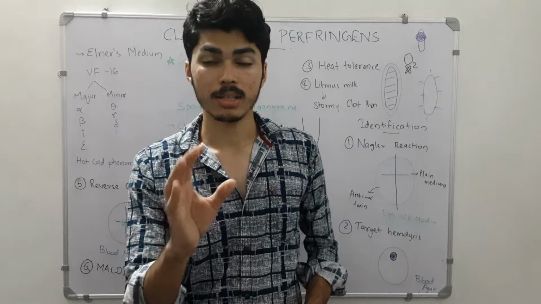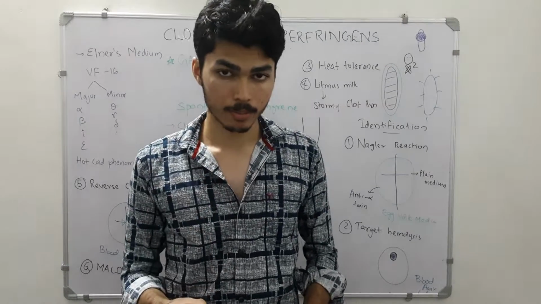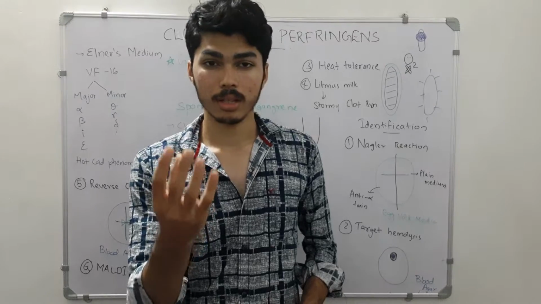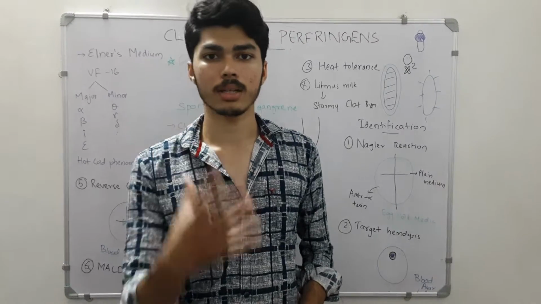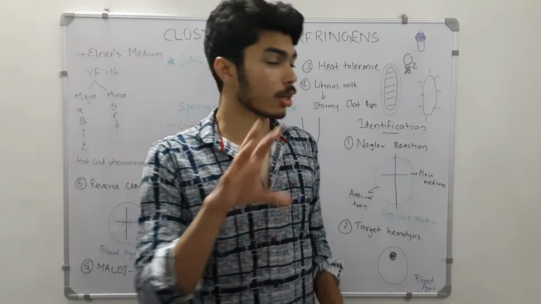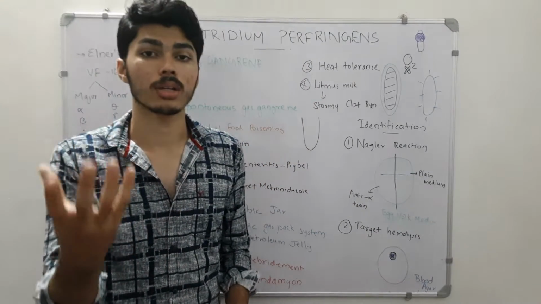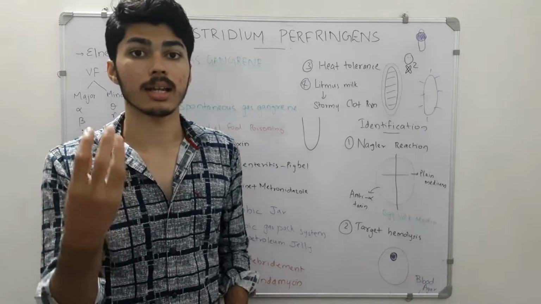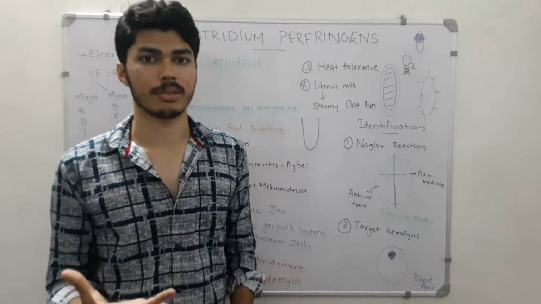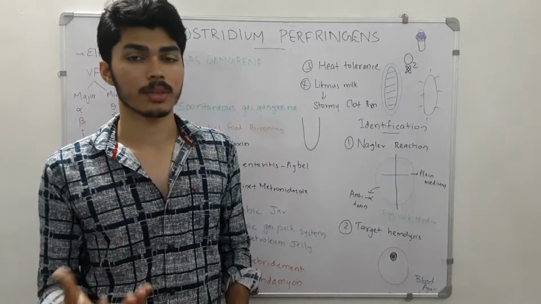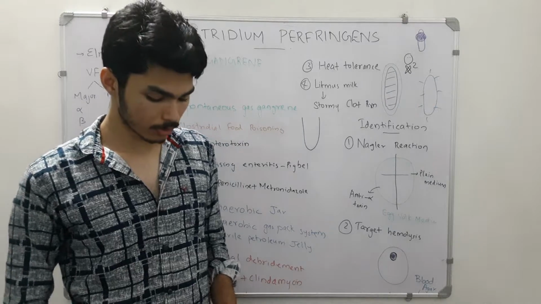When it has saccharolytic activity, the meat turns pink. Clostridium perfringens belongs to this pink color, because they have mild saccharolytic activity.